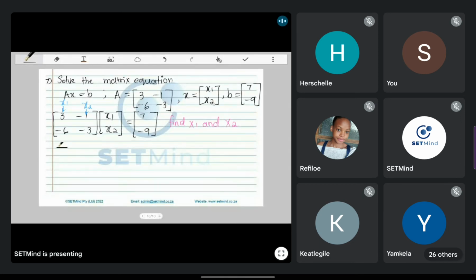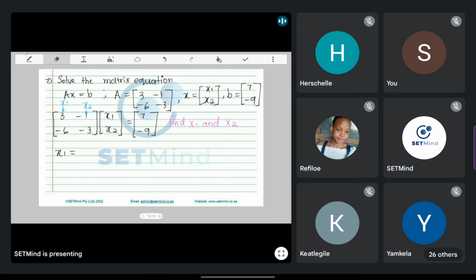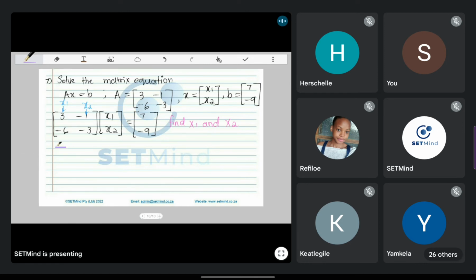So Cramer's rule says if you are looking for x1, before I go to x1, let me quickly remind you of something: the determinant of a matrix. Let's look at a 2 by 2 matrix.